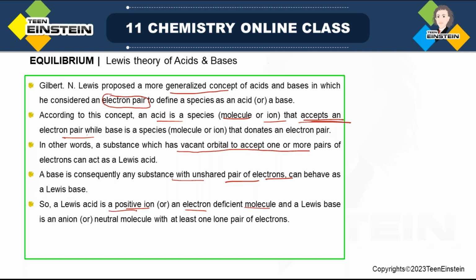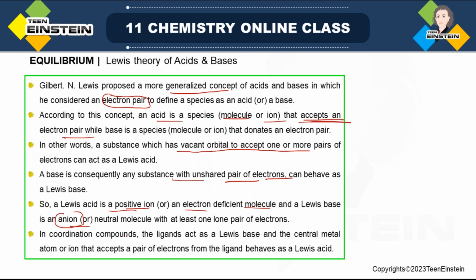Or it may be any positive ion, because positive charge means there is a lack of negative charge, so they can accept. Similarly, a Lewis base is mostly a neutral molecule containing some lone pair. Suppose in any neutral molecule there is nitrogen or oxygen with a lone pair, it can behave as a Lewis base, or it may be an anion carrying some negative charge, right?